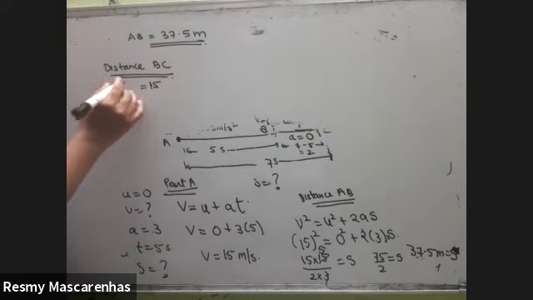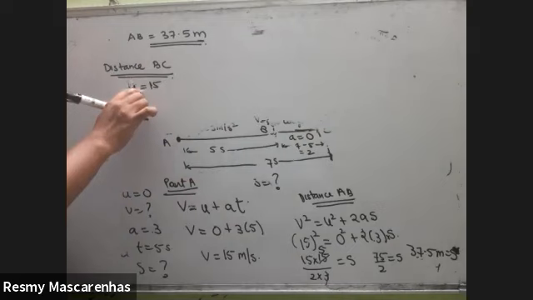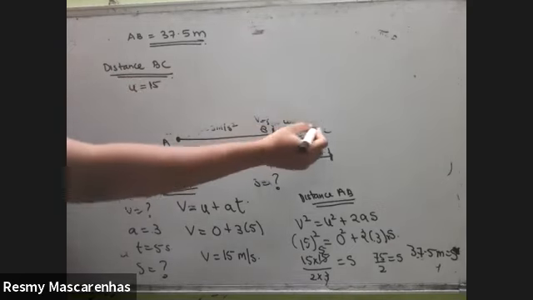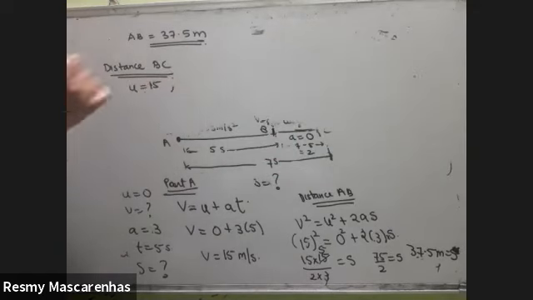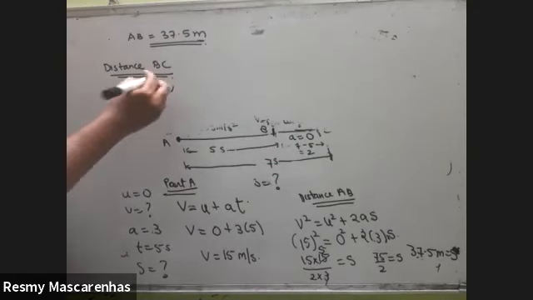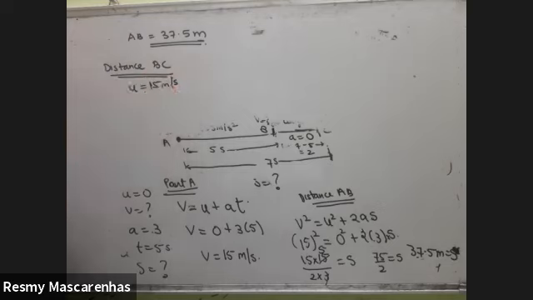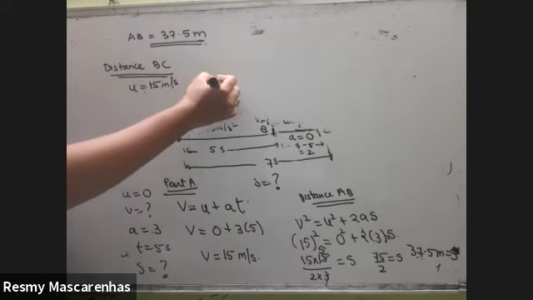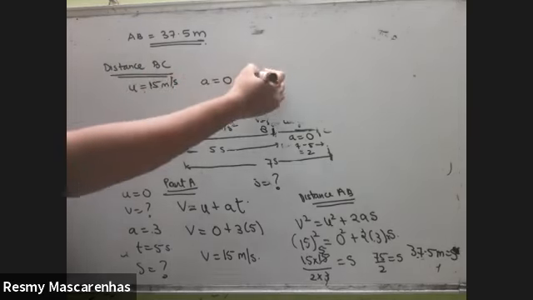That will be U here. See, this is a starting point now from B to C. So U will be 15. Then acceleration is 0. Time is 2 seconds.